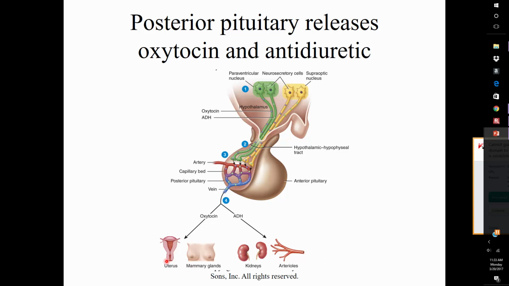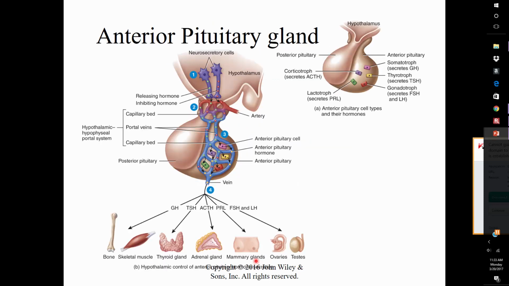Oxytocin has its effects for uterine contractions during labor and on the mammary glands for milk letdown. ADH works on the kidneys. It basically helps the body save water. It also has some effects on arterioles under certain conditions, but the kidney effects are what we'll be talking about in this course.